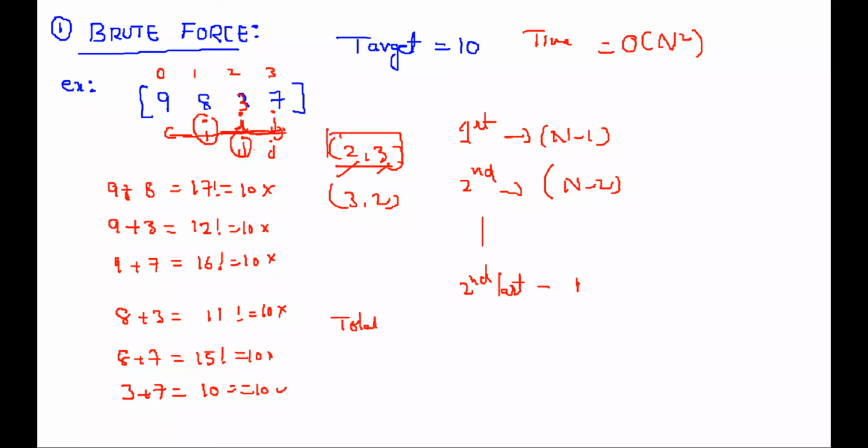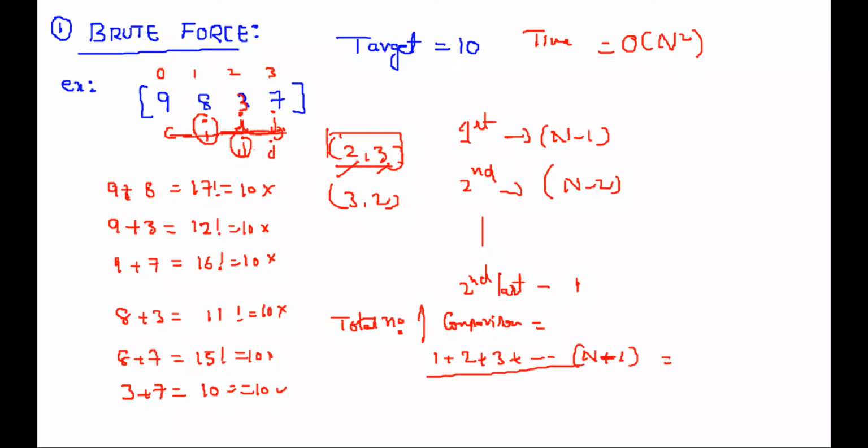So total how many comparisons? Total number of comparisons is equal to 1 plus 2 plus 3 and so on up to n minus 1. So now what is the sum of these numbers?